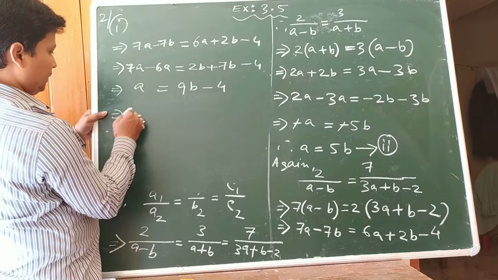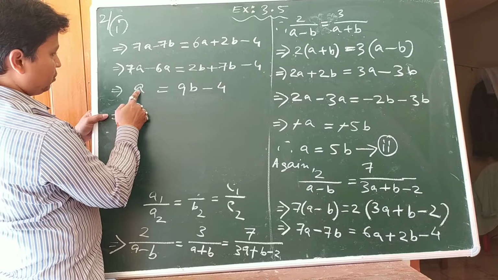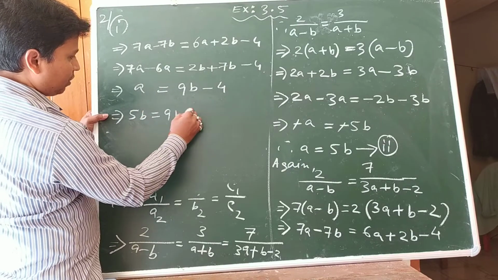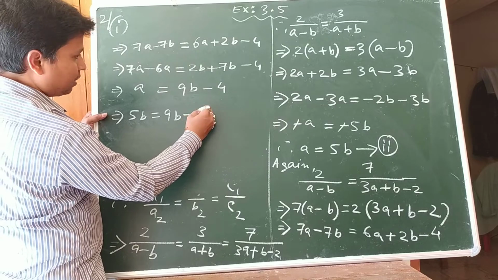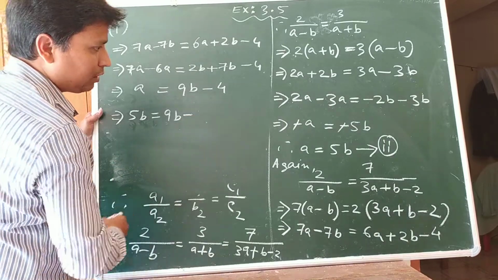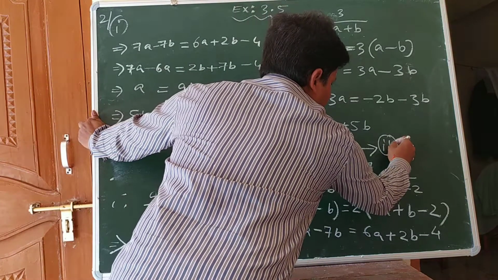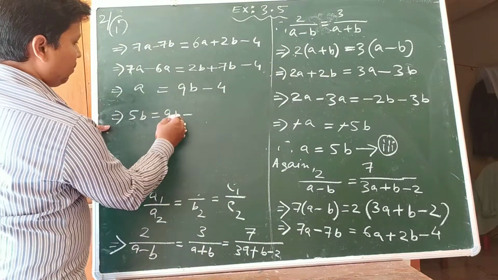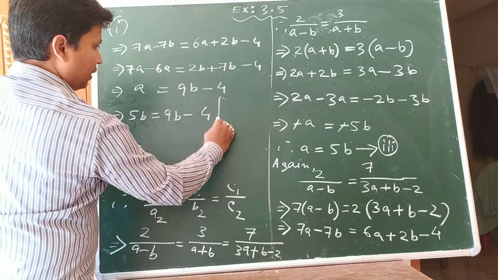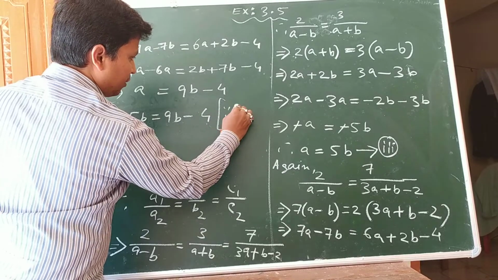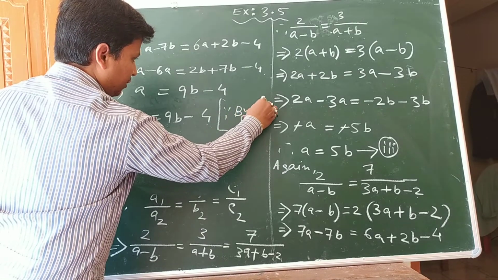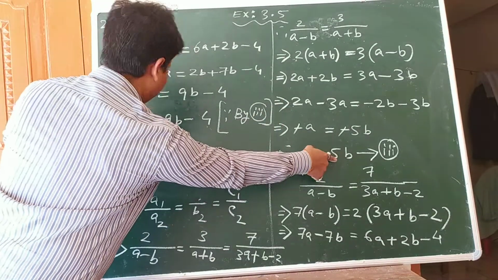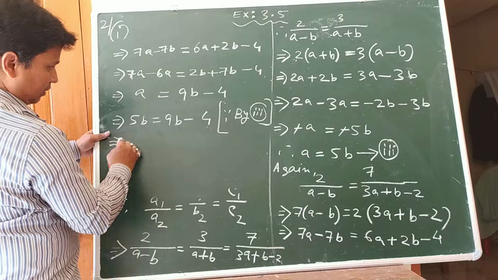Now we have to use the relation a equal to 5b, which we already got in statement number 3. So 5b equal to 9b minus 4, and give the link to statement 3.